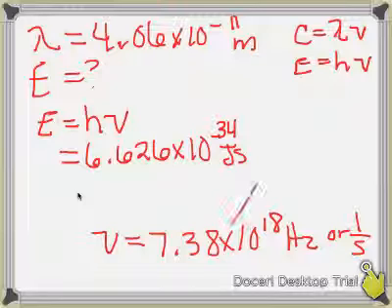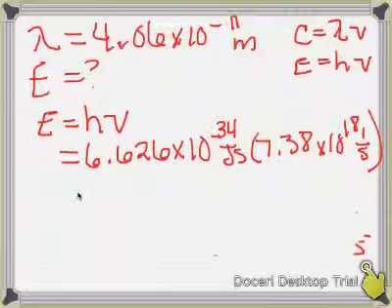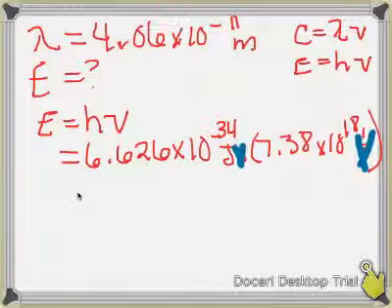We just found that our frequency is equal to 7.38 times 10 to the 18th hertz. So now that I have written it this way, what units are going to cancel out? Seconds, right? We're going to be left with joules, which, if you remember back from physical science, is what we measure energy in, correct?